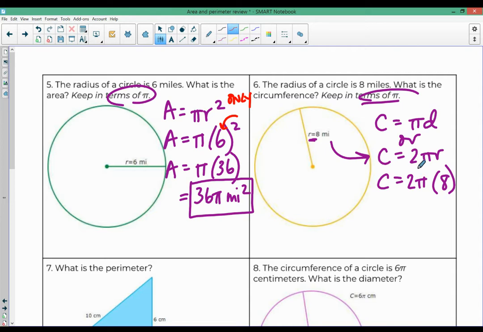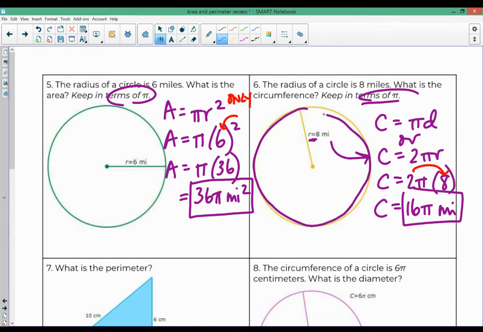So I can multiply these two together to simplify. So that gives me 16 pi miles. So that means all around the circle, the circumference would be 16 pi miles.